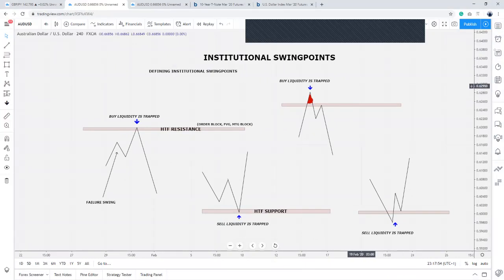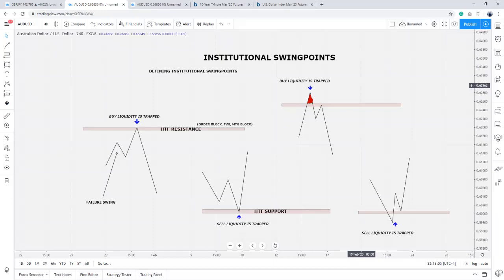Regarding institutional trading, I know there are lots of reversal patterns out there in trading PDFs, free tutorials on YouTube, and different mentors with different types of reversal patterns in Forex.